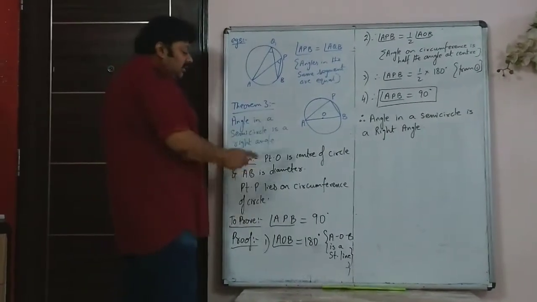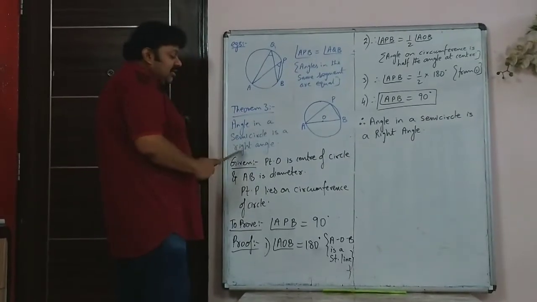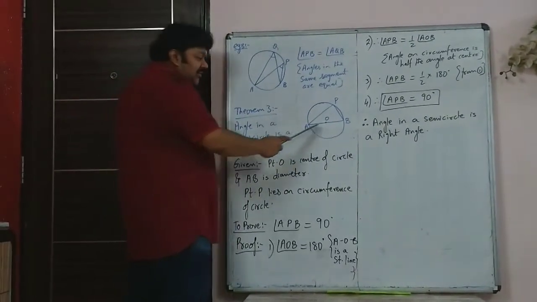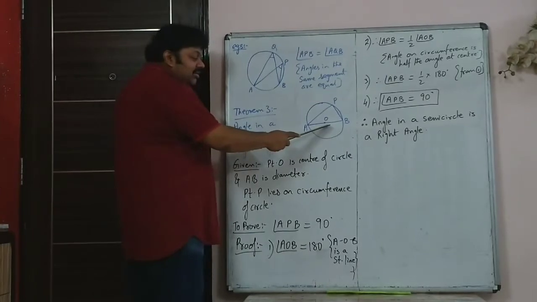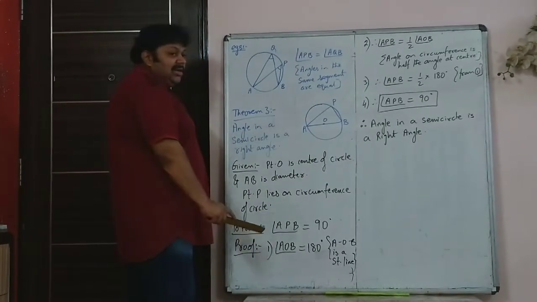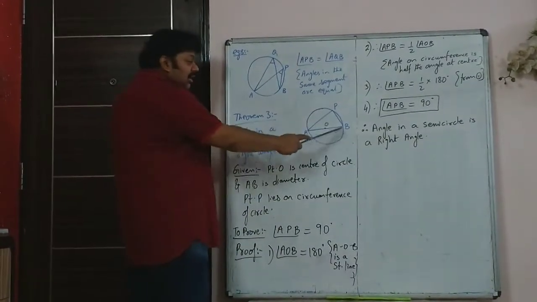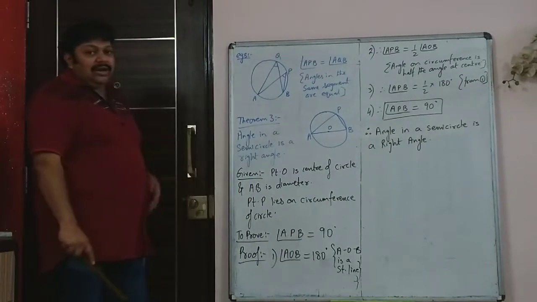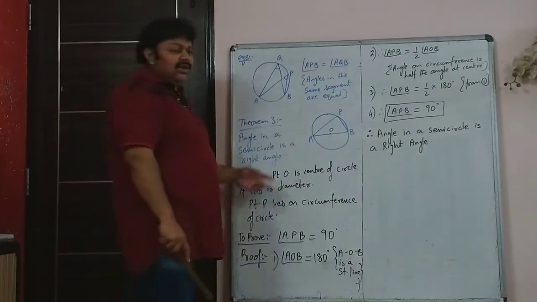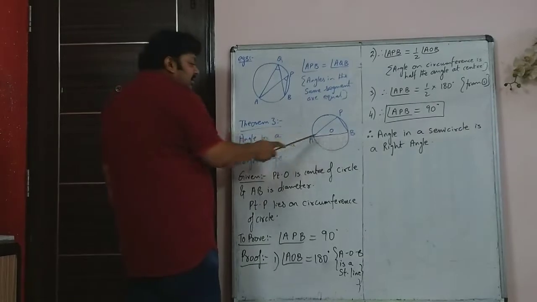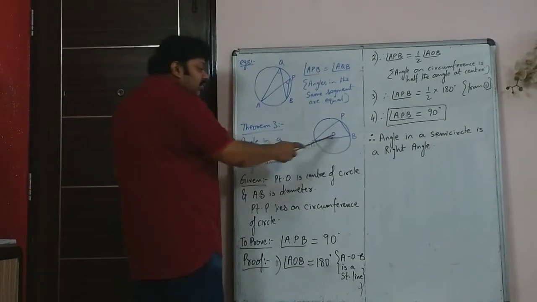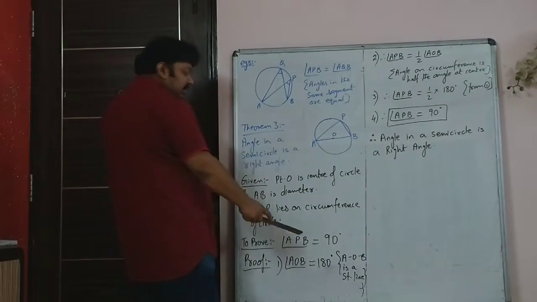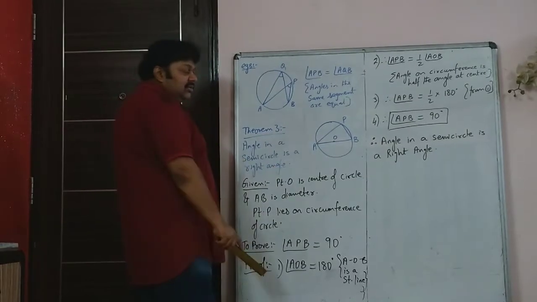Now theorem 3 is: angle in a semicircle is a right angle. So if AB is the diameter, it is passing through center O. So AB is the diameter. So the angle APB is 90 degrees. That is what you have to prove. It's very simple. AOB is a straight line. So angle AOB is 180 degrees, since AOB is a straight line.